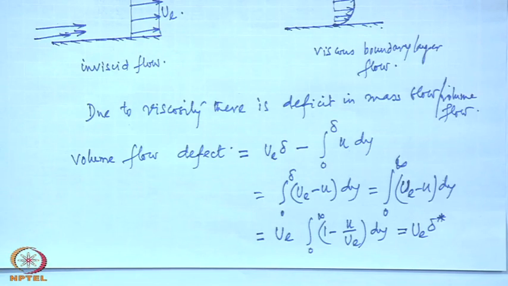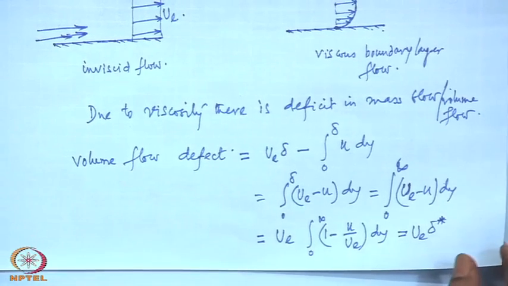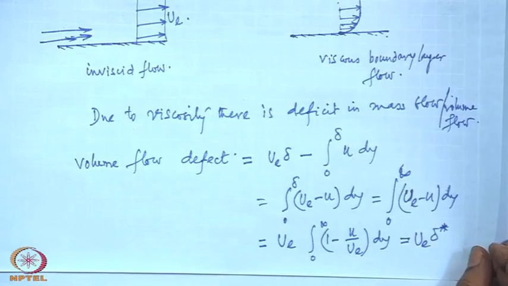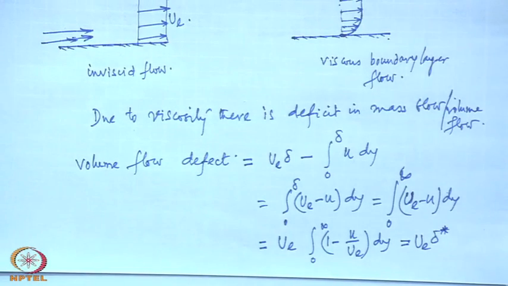So, u e delta star is the volume of the fluid that has been blocked by the viscous effect.